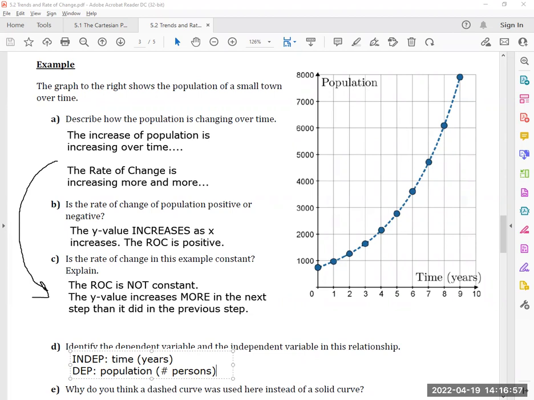Why does it make sense? No math involved. Why does that make logical sense to use dotted lines? Let's change the question. Why can't you use a solid line? Take a guess. Yeah, go ahead, Andy.